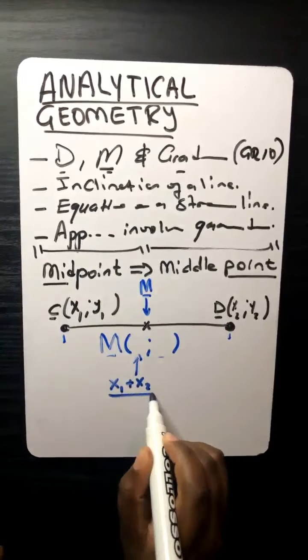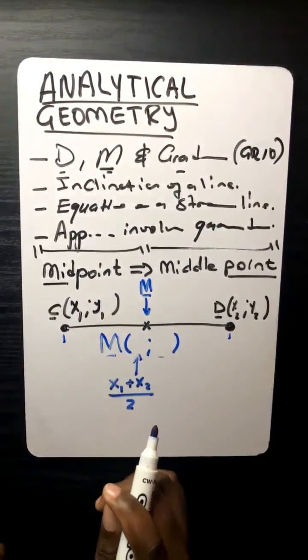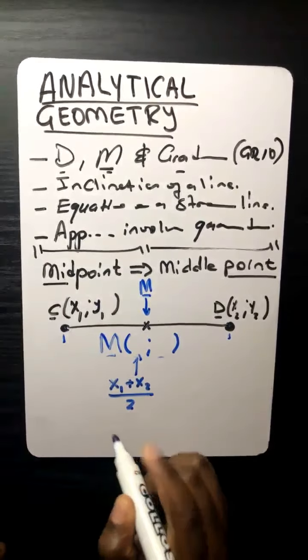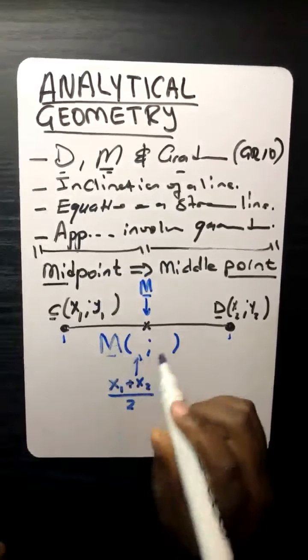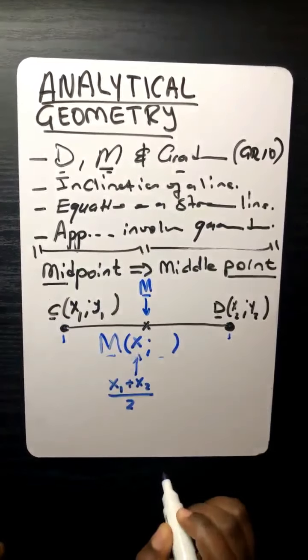Everything that you divide by 2, it's more like you're splitting it into half. Just know that. So that's how you calculate the x value of the midpoint. Very, very important, ladies and gentlemen. So this is going to be the x value of the midpoint.